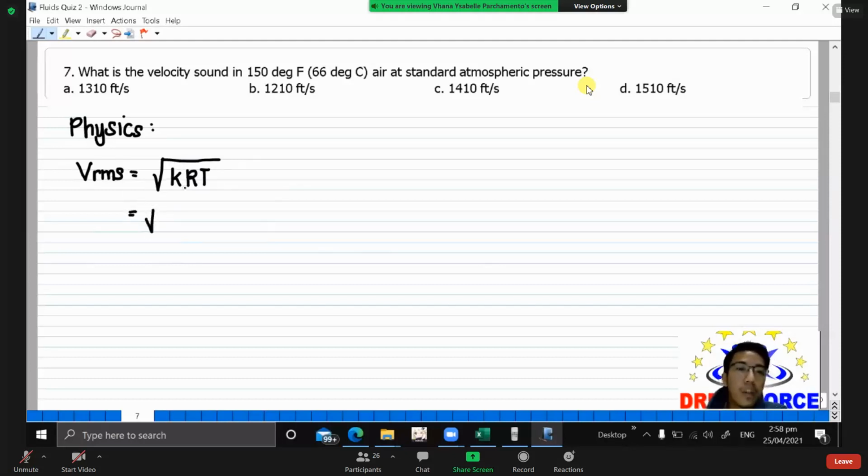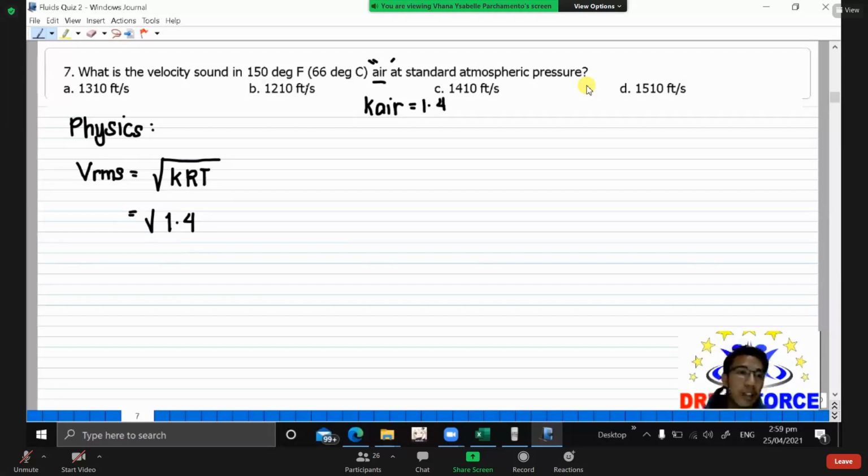Okay, so try natin. Square root. Yung K natin, sabi nga dito air. So ano ba yung K ng air? Specific heat ratio ng air. That is 1.4. So we have 1.4 unitless. Okay, how about yung R natin?